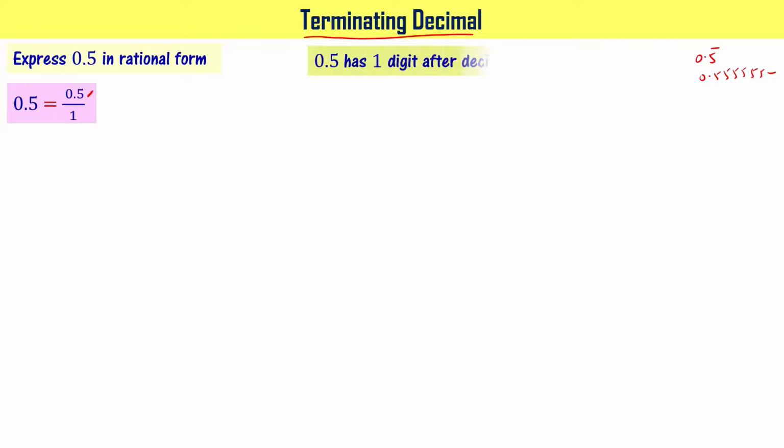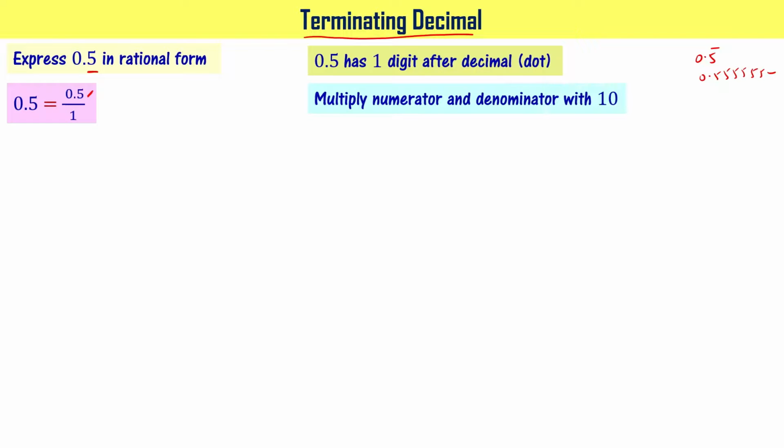If you observe, 0.5 has one digit after the decimal, right? That is just the number 5, one digit after the dot. For that reason, what I say is, let's multiply the numerator and denominator of this particular ratio by the number 10.